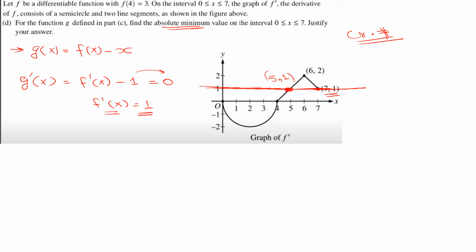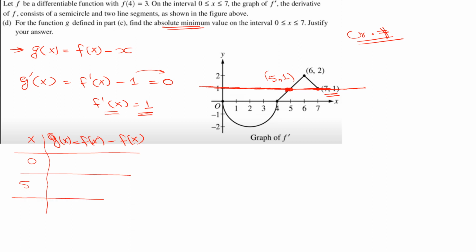So in order to determine the values of x and g of x, that is f of x minus x, calculate the y values at 0, at 5 and at 7 in order to find the lowest value to determine the absolute minimum value.